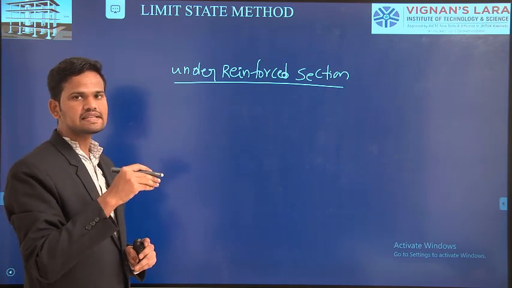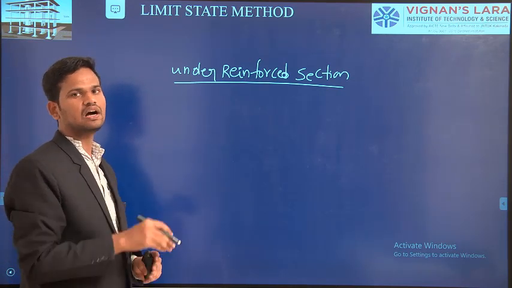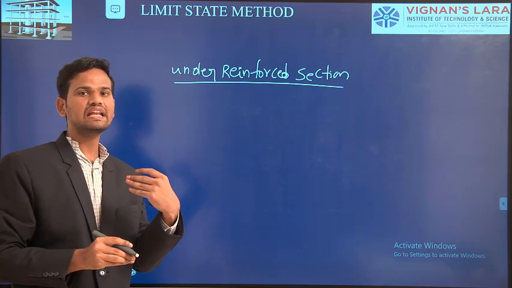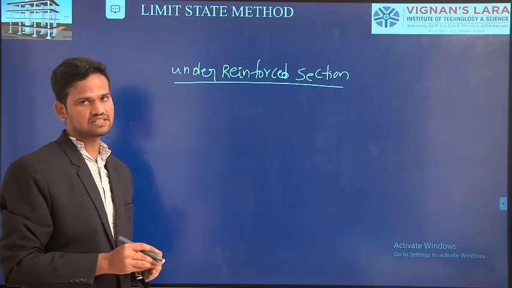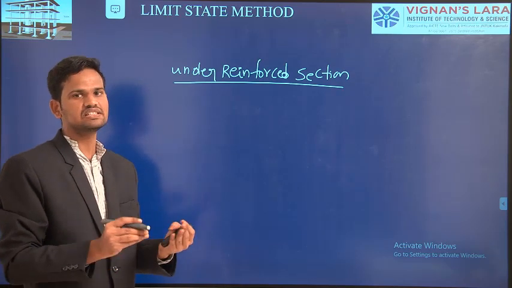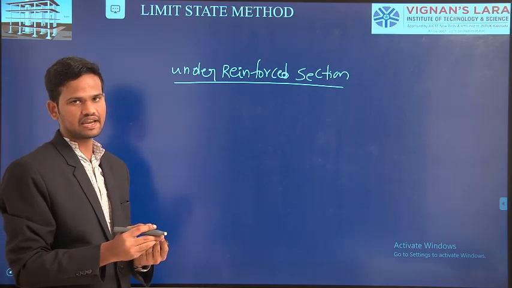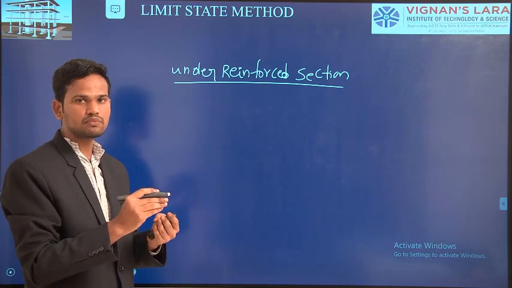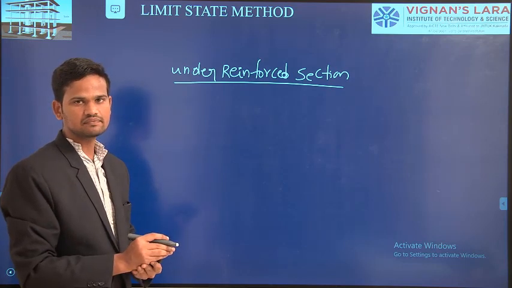Due to providing less steel in the concrete, the load you are getting will be taken first by the steel. Hence the steel will get strained first, and hence the steel may fail first. That means the maximum strains will be taken by the steel.